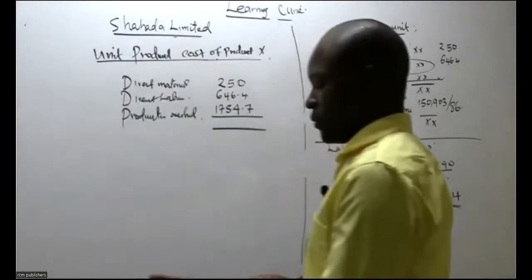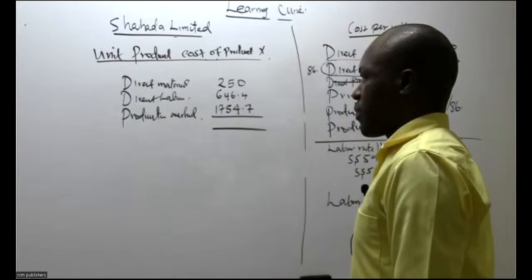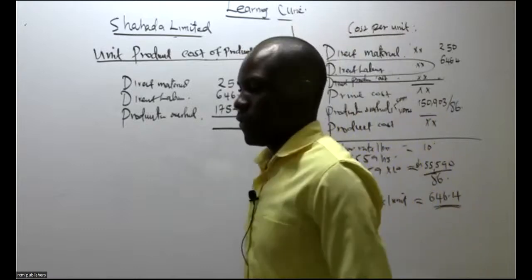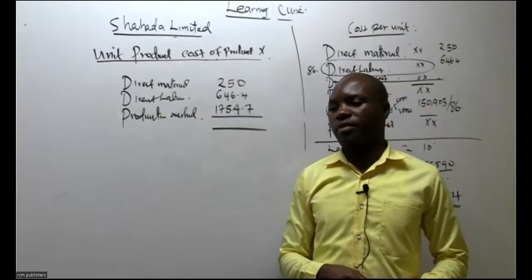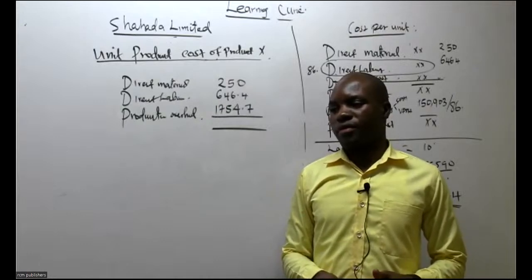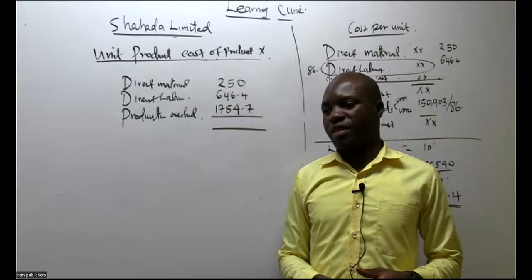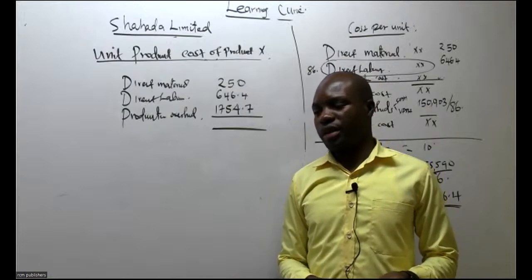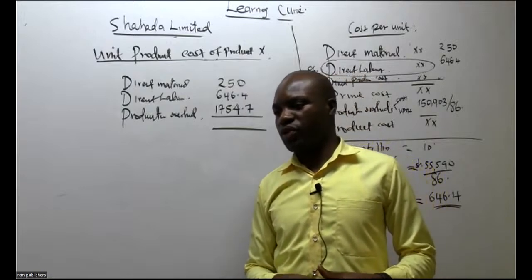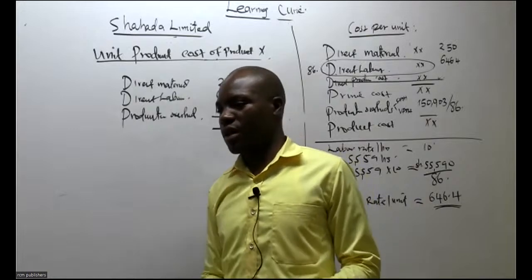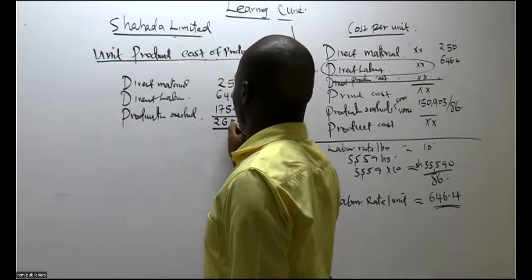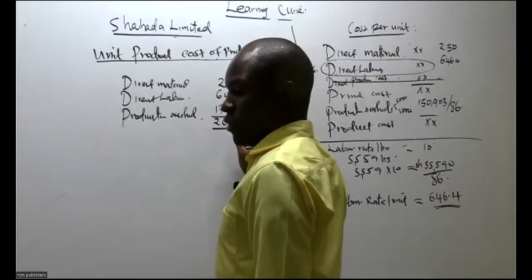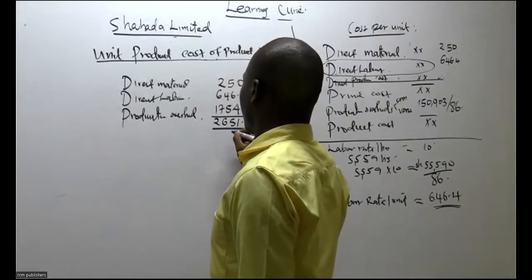Let's add that. What is the total for that particular product? The total for producing that product, tutapata ngapi? 2651.1.